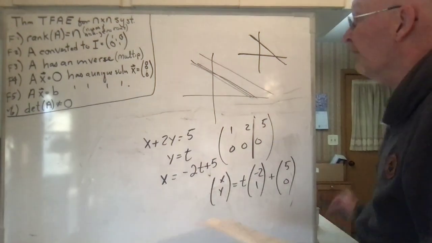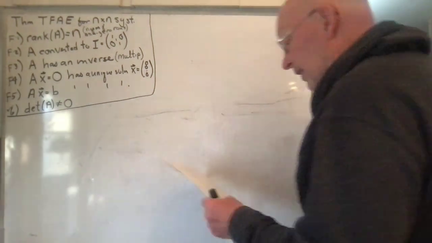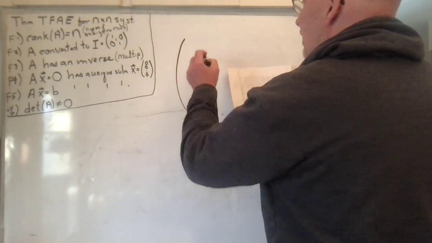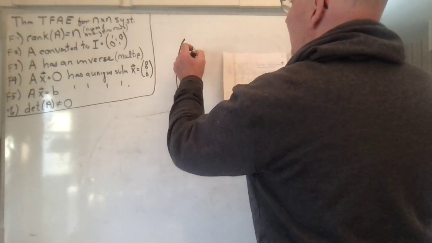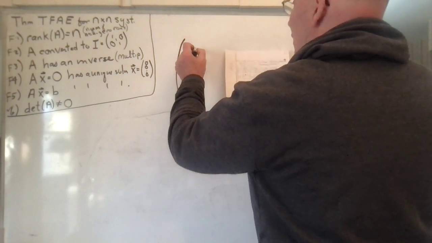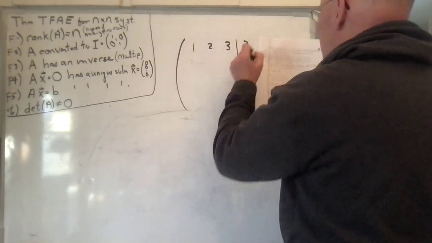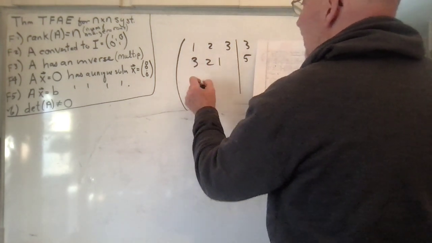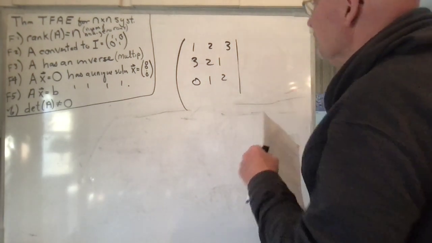That should do it. The only other thing I had on my sheet here, which I've just mentioned to you, is how did I come up with these three systems of equations? I had 1, 2, 3, 3, 2, 1, 5, and 0, 1, 2. Oh, let's just make them all 0, 0, 0.